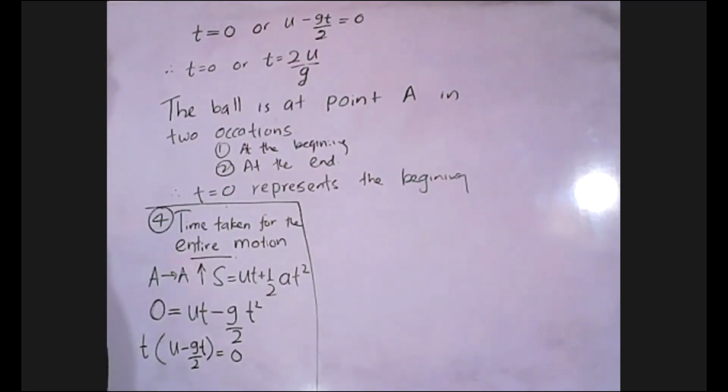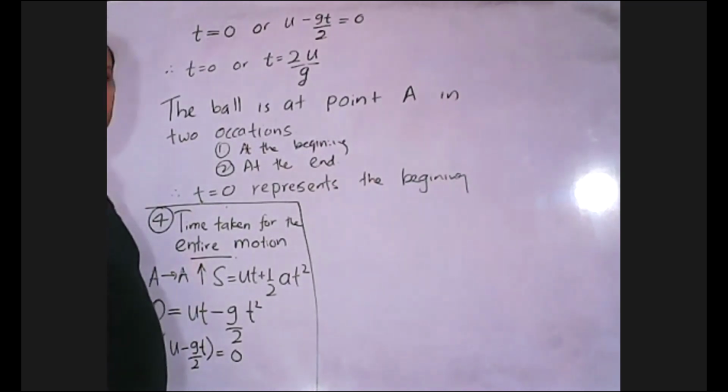The ball is at point A in two occasions. First one is at the beginning, second one is at the end. Then t equals 0 represents the beginning.